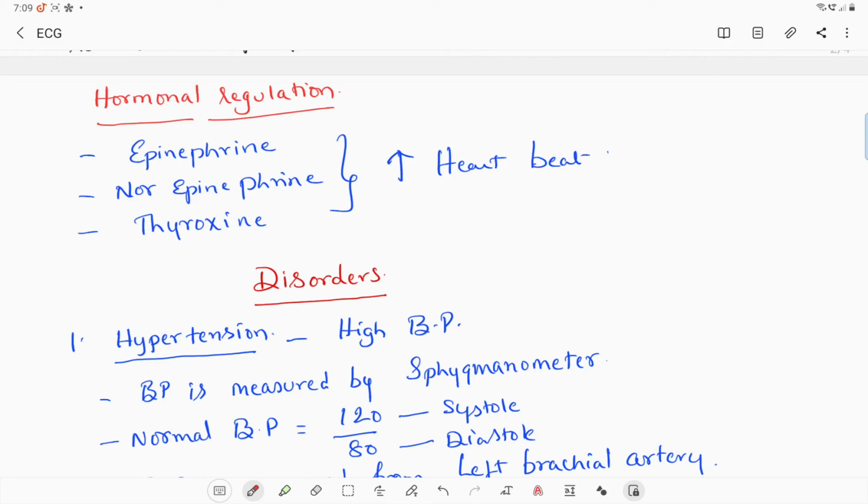Remember one more point: if the heartbeat is increasing, that also increases the cardiac output. But elevated potassium levels decrease the heartbeat. If the potassium is more, it decreases the heartbeat.